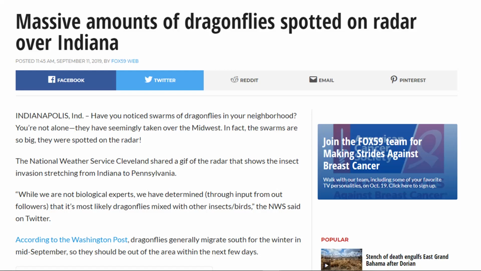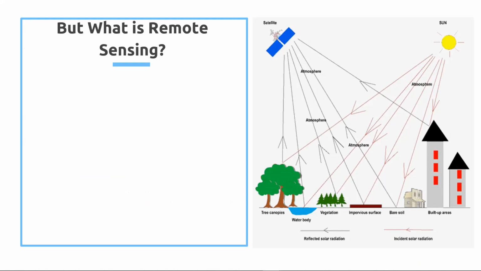A lot of you probably weren't here at that time, but it was wild. They were so gross. Couldn't bike anywhere without getting hit by a swarm of them. But remote sensing is what allowed us to figure out what those migration patterns were at that time. But what is remote sensing exactly?